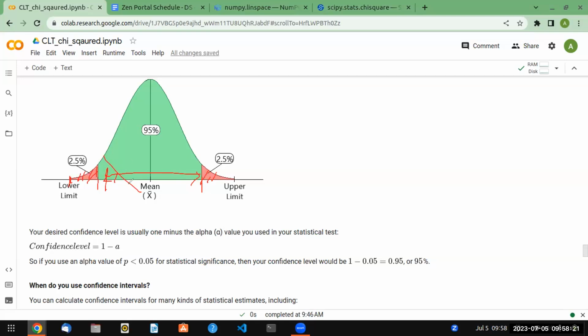And that also I'm 95% sure. If we carry out that CLT experiment 100 times, you will repeat that thing 100 times, and 100 times you will get the means. Out of those 100 times, 95 times the mean will fall in this range, whether it is here or a bit here or a bit here. Are you getting it? Yes, sir.